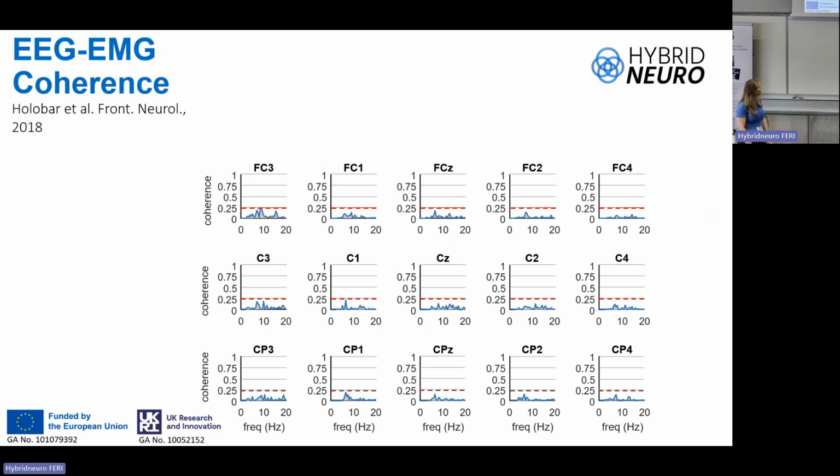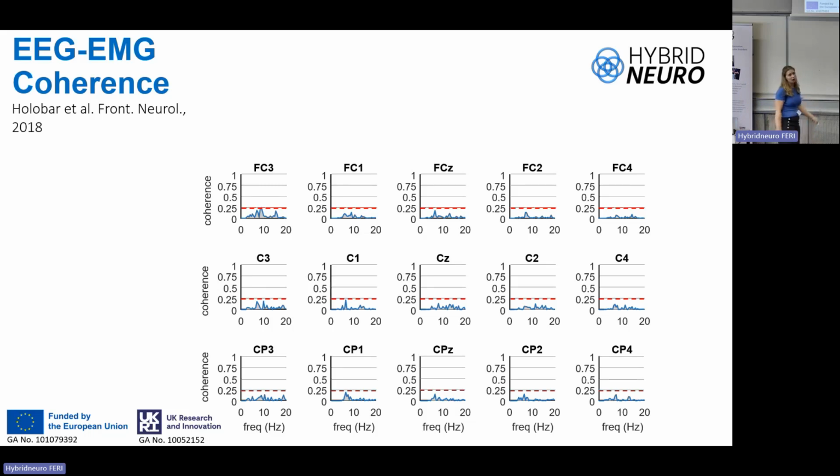Lastly, in this study, it was investigated how this method performs compared to the more standard method that usually uses spatial filtering. We can see that signals are now separated in channels, and coherence was calculated, but there was no significant coherence in separate channels.